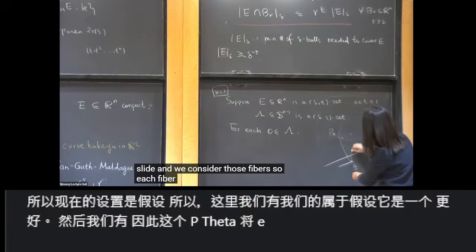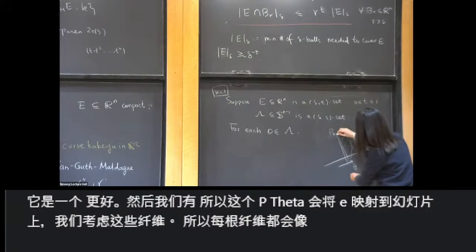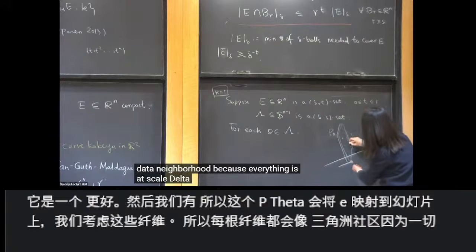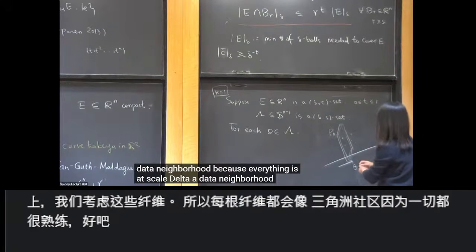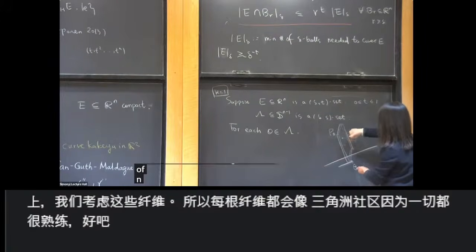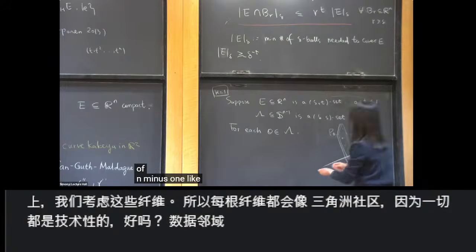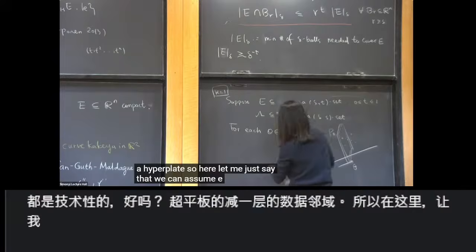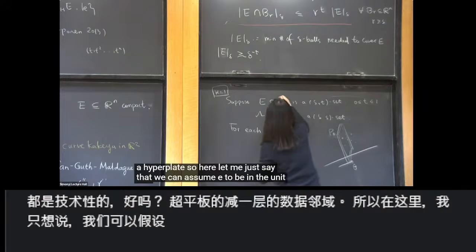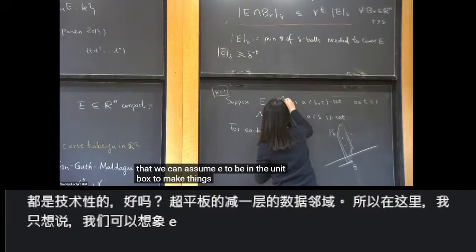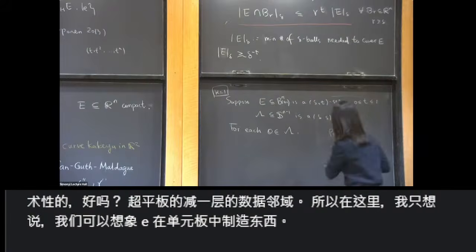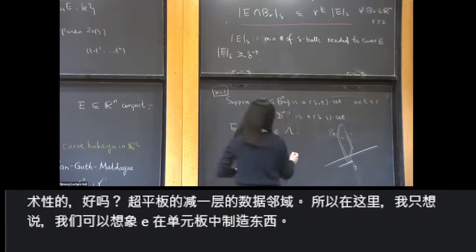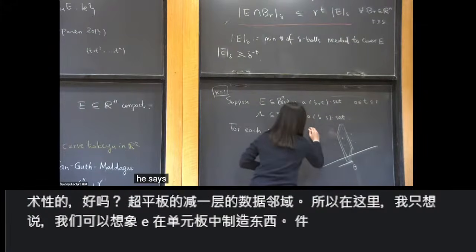So each fiber will be like a delta neighborhood, because everything is at scale delta, a delta neighborhood of an n-1 plane, a hyperplane. Here, let me just say that we can assume E to be in the unit ball to make things simpler. And the P theta is the map.